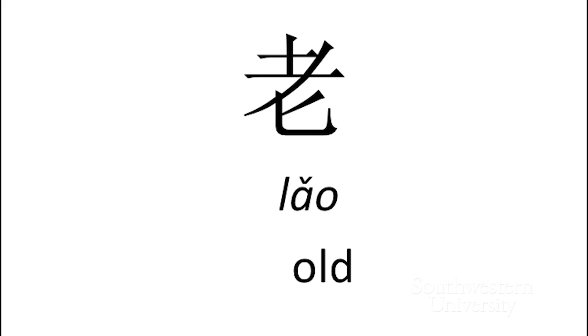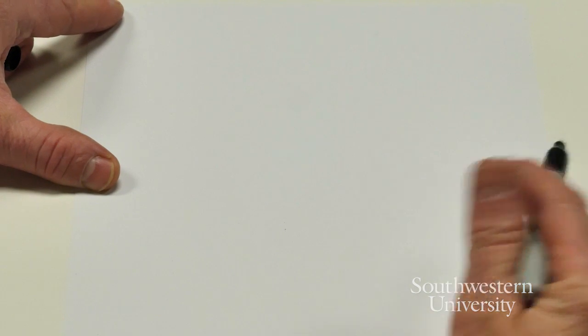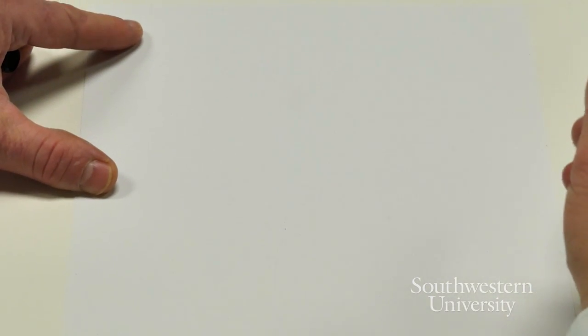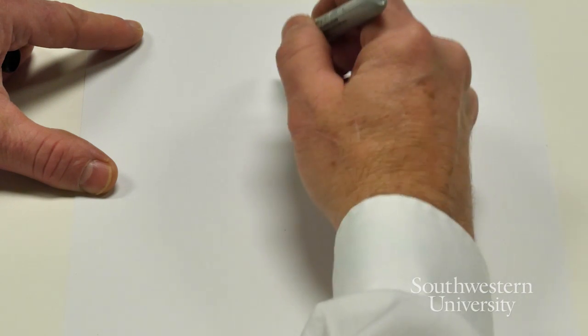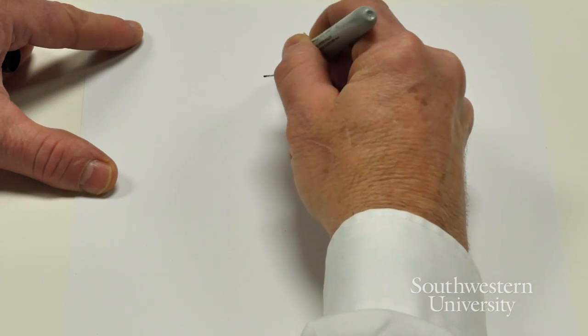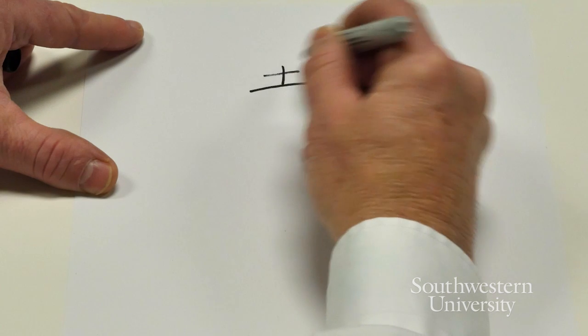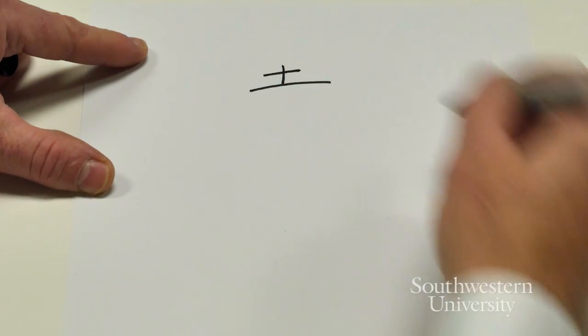The next character, lao, originally depicted long hair and then something being passed down. The origins aren't very clear. So you have this top component, we'll just think of this as a component that we don't know the meaning of.